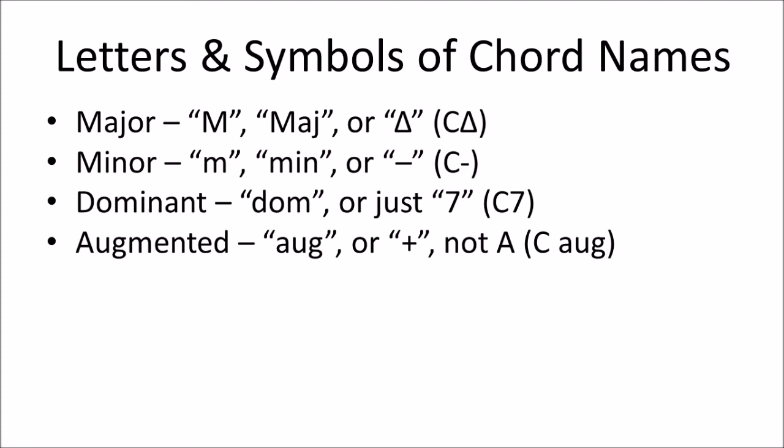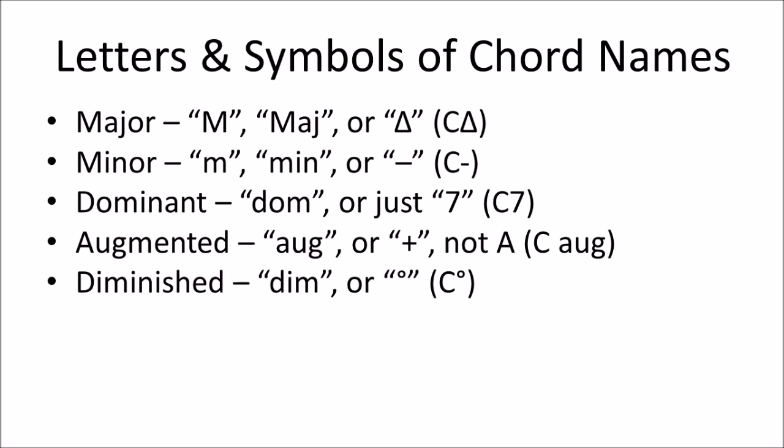And although I've used the capital letter A throughout this course to abbreviate an augmented chord at various times, you never see a chord actually named CA7. The symbol for an augmented chord is a plus sign. Diminished chords use the letters DIM. Same deal here.